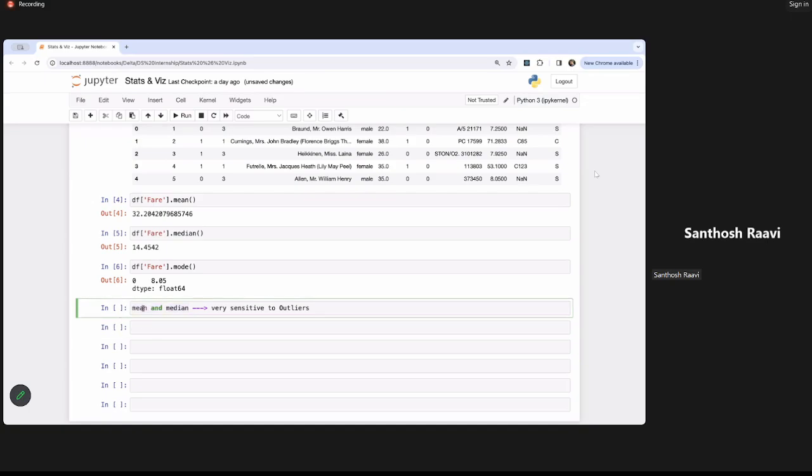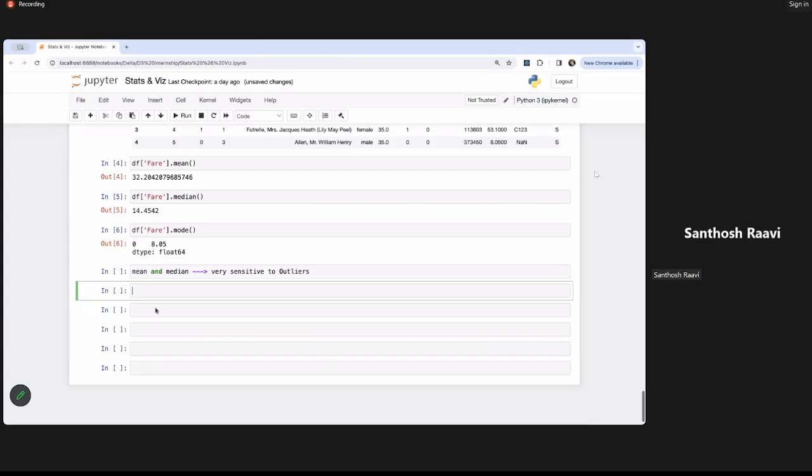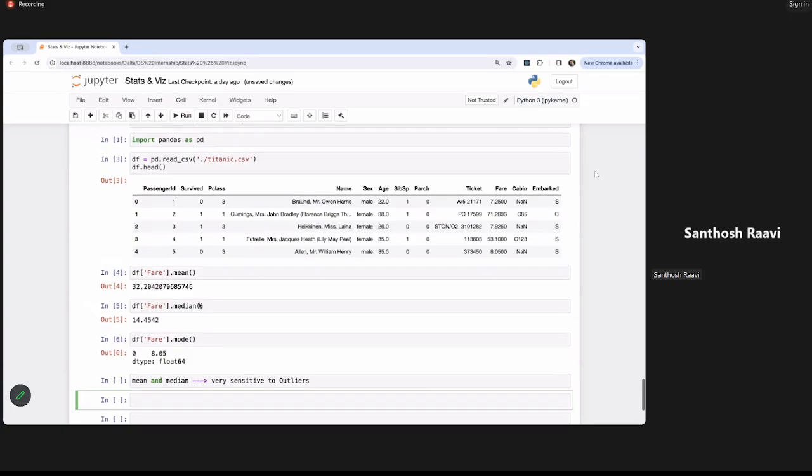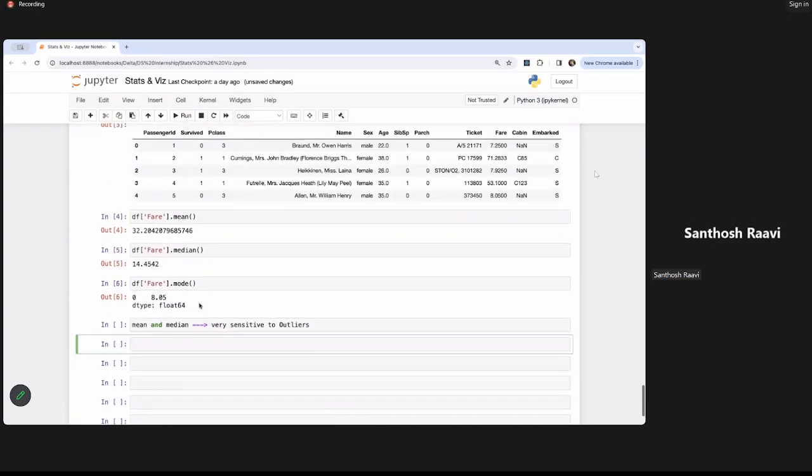So the calculation will get deviated if you are having the highest outlier or very least outlier. That you need to remember. Now, this is the limitation, and I think we are good.